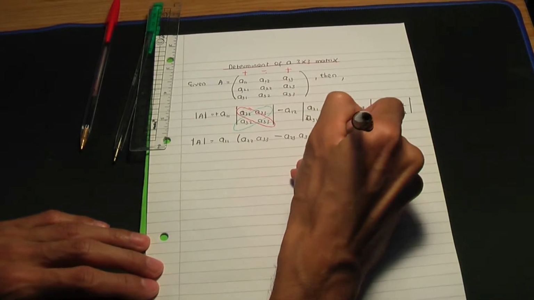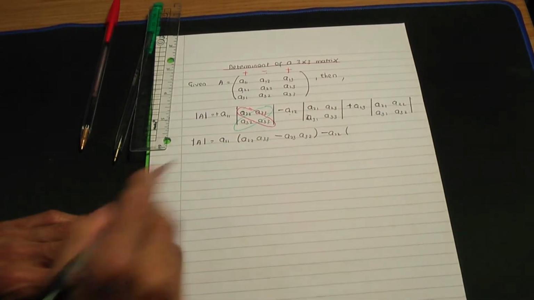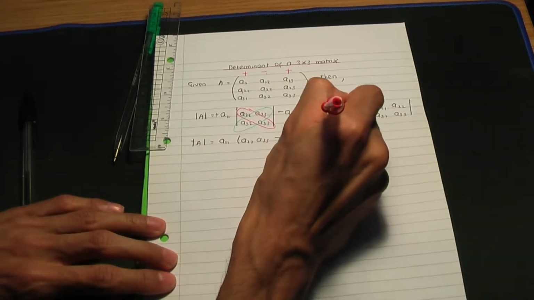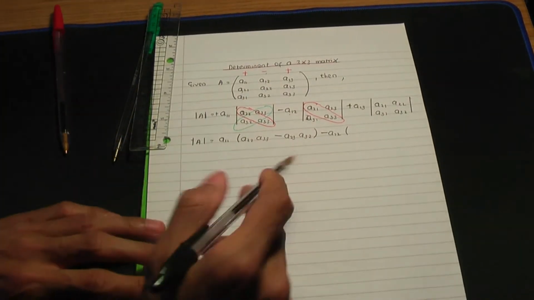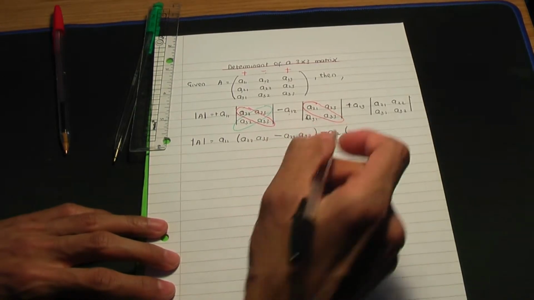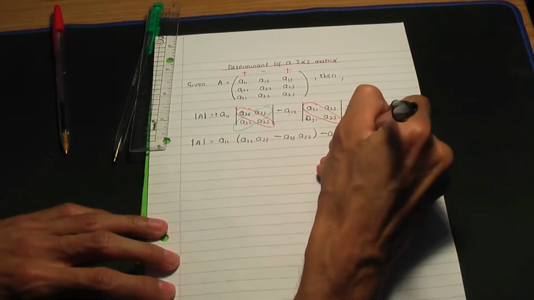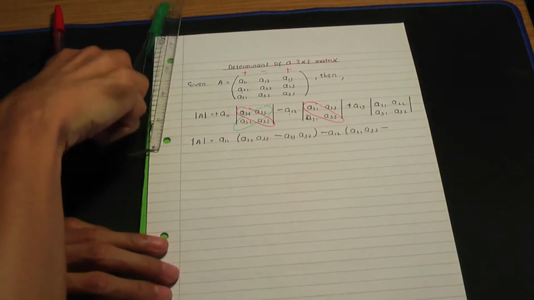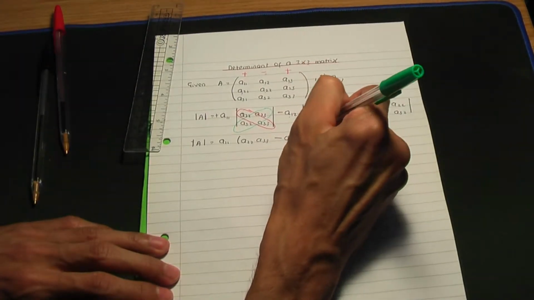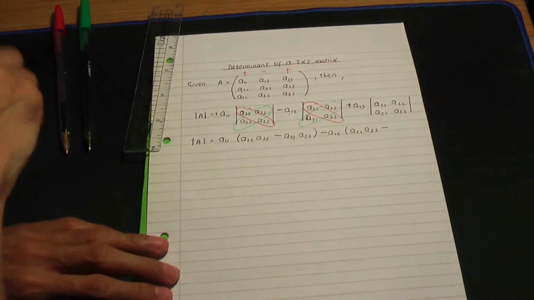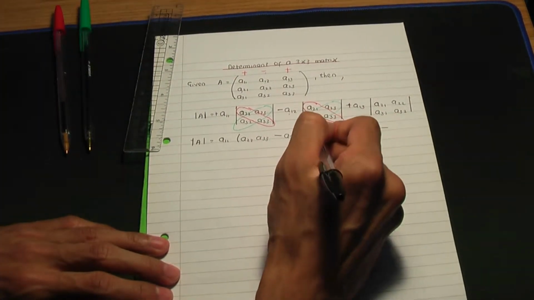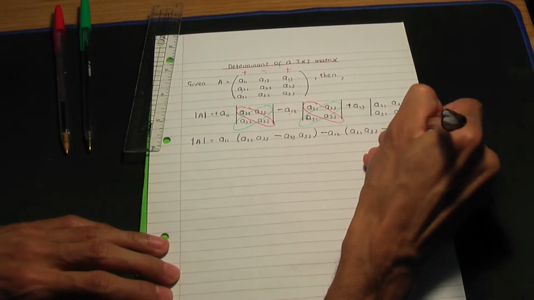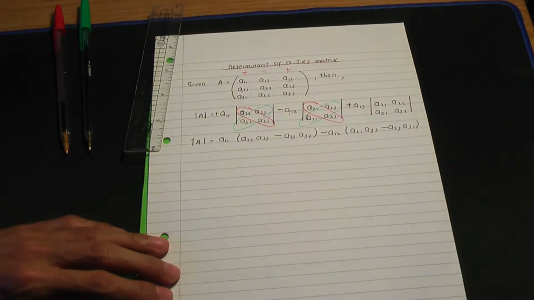Minus the A12 from here, multiplied by, same approach here, so multiply the elements along the leading diagonal highlighted in red, A21 times A33, minus, and then multiply the elements along the lateral diagonal highlighted in green, A23 times A31. Okay?